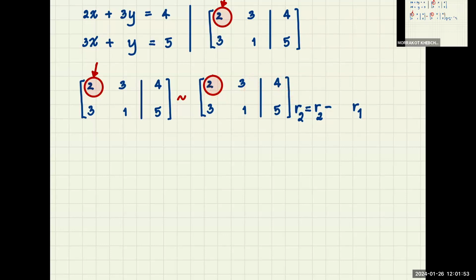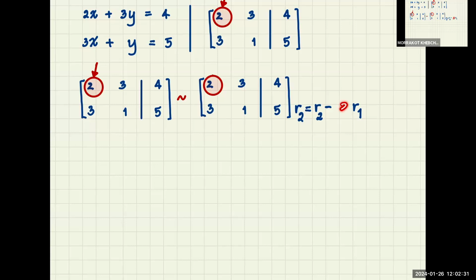So R1 is R1 divided by 2, okay? But now it is 1. I want to multiply this by 3, right? So it's going to be 3.